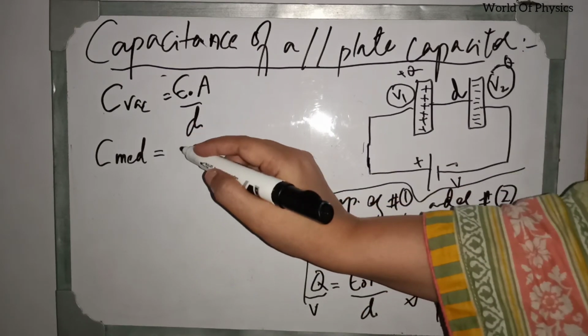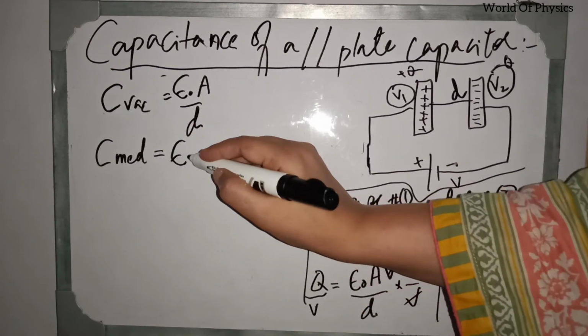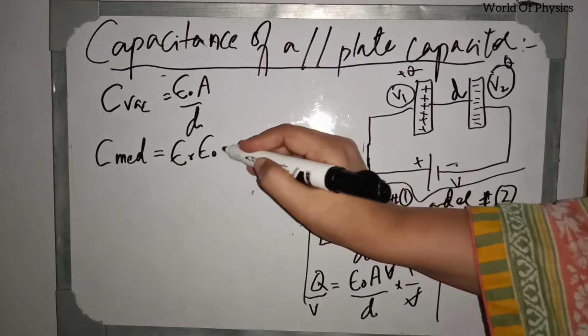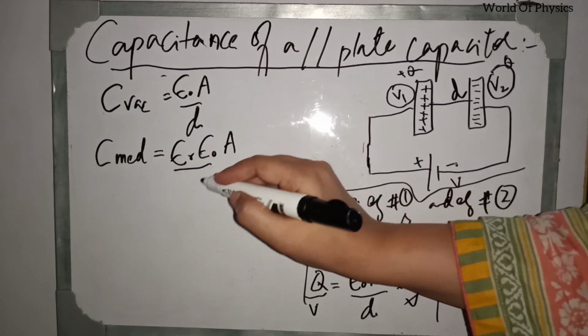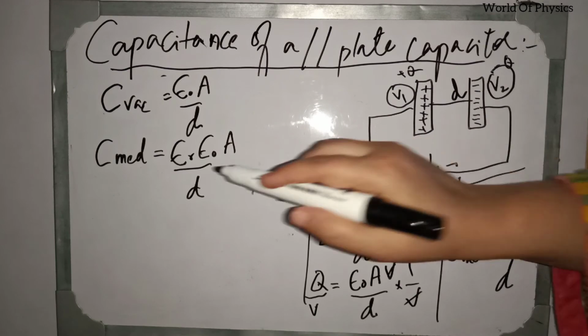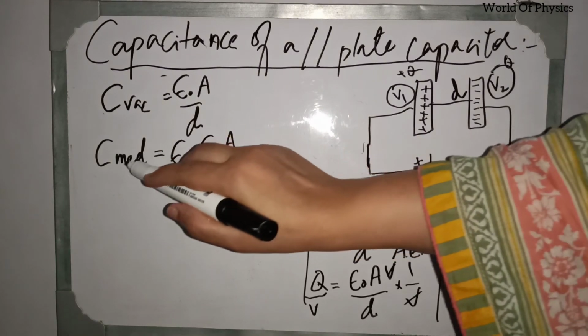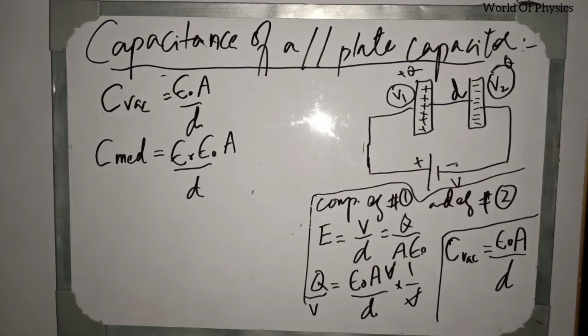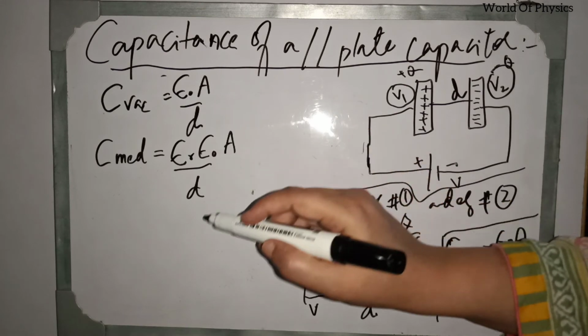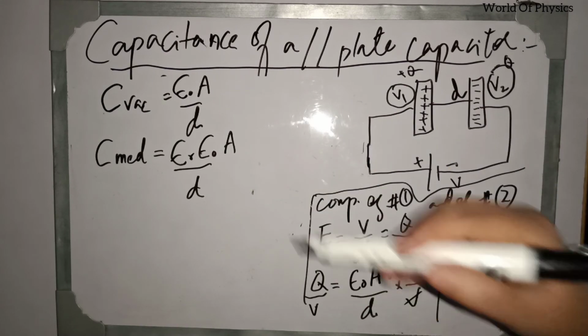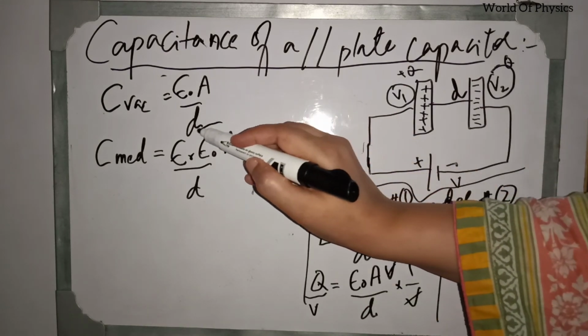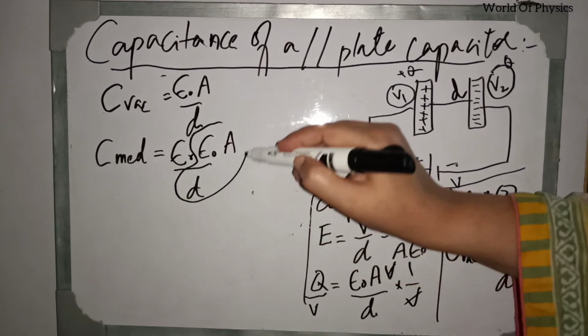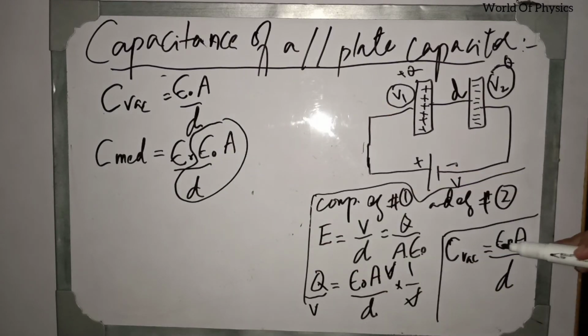So C in medium is equal to epsilon R epsilon naught multiplied by A divided by D. There is one more element, epsilon R, which is added due to presence of some medium inside it. Epsilon naught A over D is equal to C in vacuum.